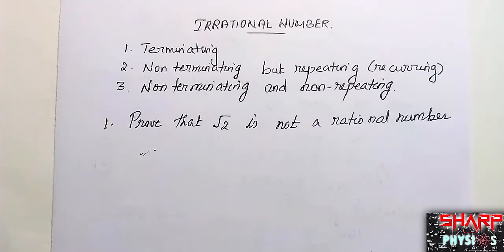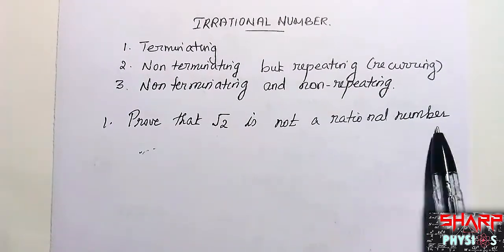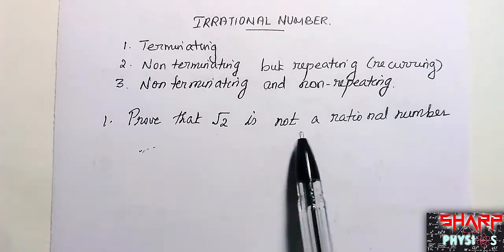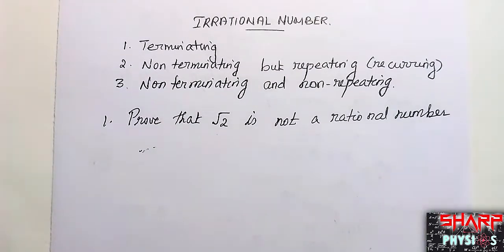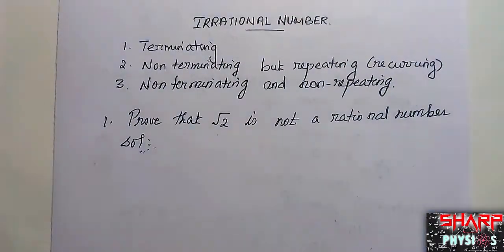So the first problem we are going to discuss is: prove that root 2 is not a rational number. Again I repeat, prove that root 2 is not a rational number. This problem can be solved by means of the square root method.